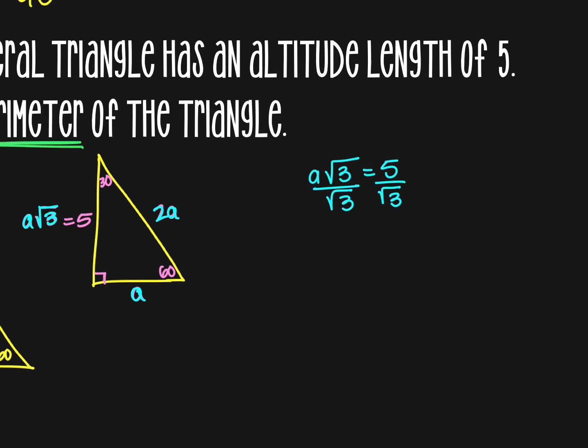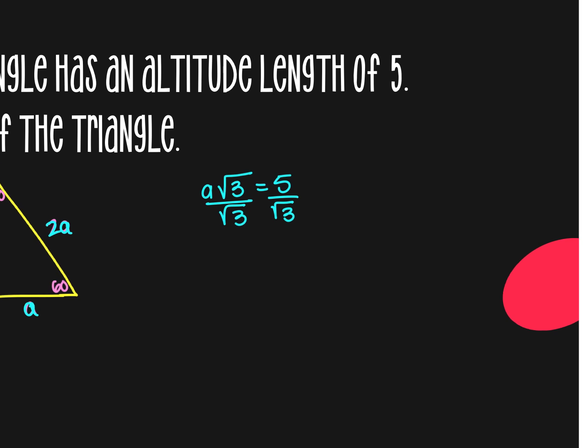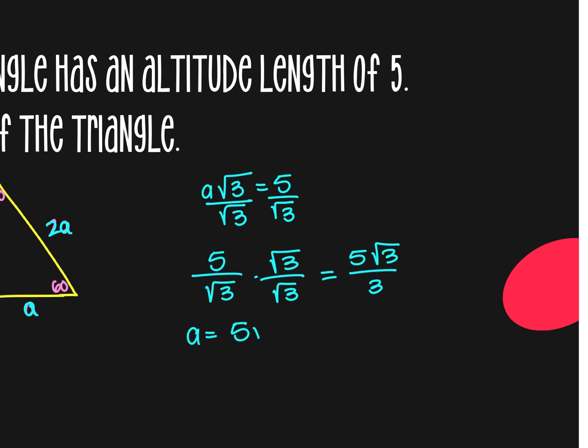Again, I have to rationalize that denominator. I'm going to have 5 over the square root of 3 times the square root of 3 over the square root of 3, and I'm going to end up with 5 times the square root of 3 over 3. Can I simplify it anymore? No. A is going to equal 5 times the square root of 3 over 3.